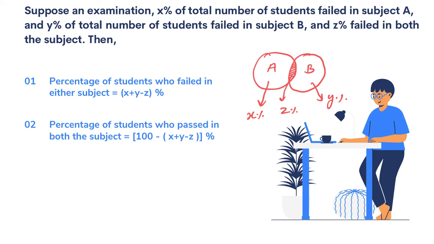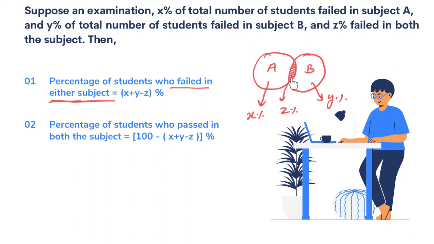If I need to calculate the number of students who failed in either subject, I need to add this area and this area. So what will be my total area? The total area will be A plus this area. But when I took the area of A, I included this area, right? Again, if I take B also, I am taking this area again.